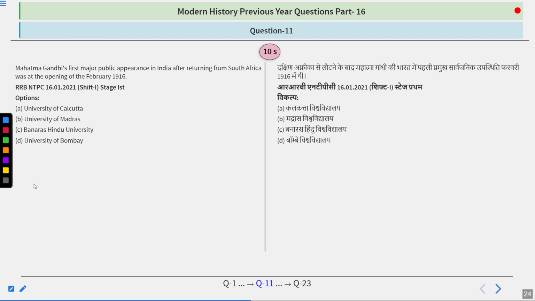Mahatma Gandhi's first major public appearance in India after returning from South Africa was at the opening of the February 1916. Options are University of Calcutta, University of Madras, Banaras Hindu University, University of Bombay. Think about it.